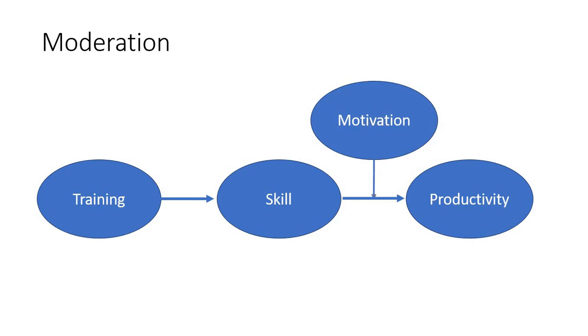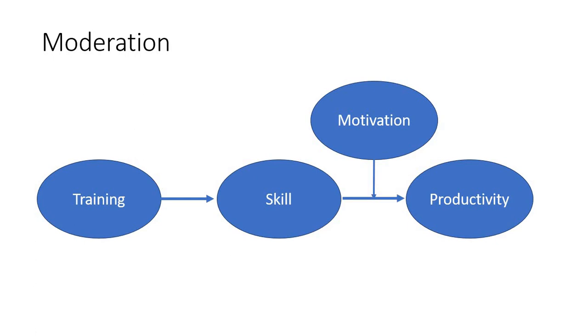So we say that the relationship between skill and productivity is not straightforward. It is influenced by another variable which is not in between these two variables, but is outside their relationship, and yet it is influencing their relationship.